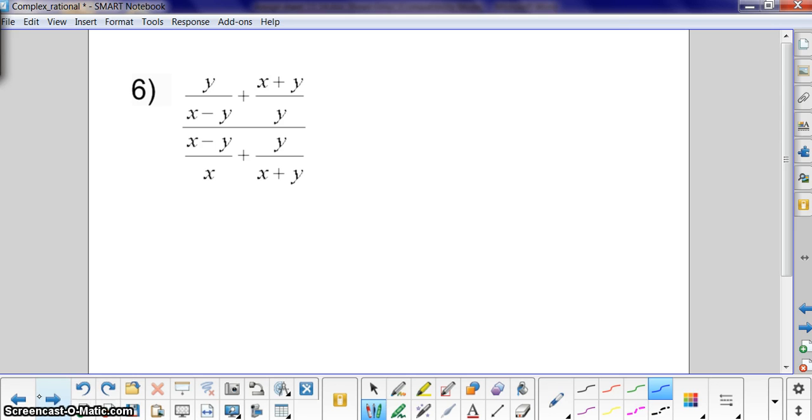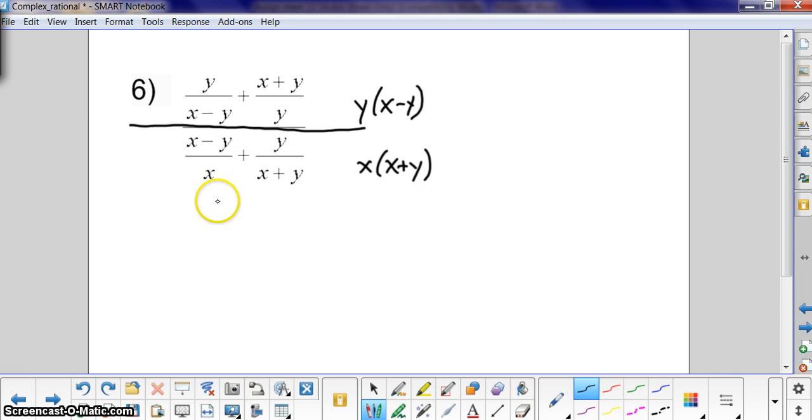And lastly, this is the last example problem. Ooh, this is a hot mess. Okay, so first identify where's the main fraction bar. There it is. Now in my numerator, I have y times x minus y as the least common denominator of my numerators, and then down here I have x times x plus y as my least common denominator of my denominators.